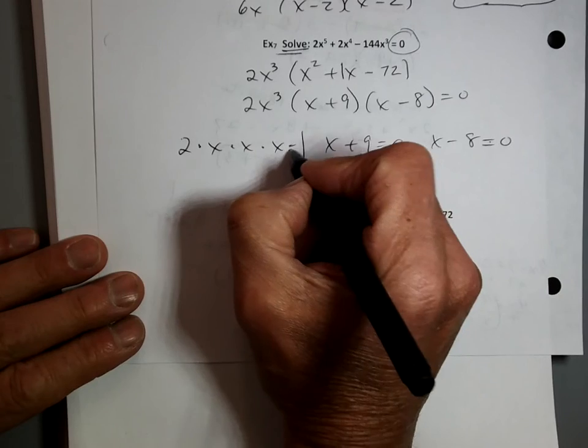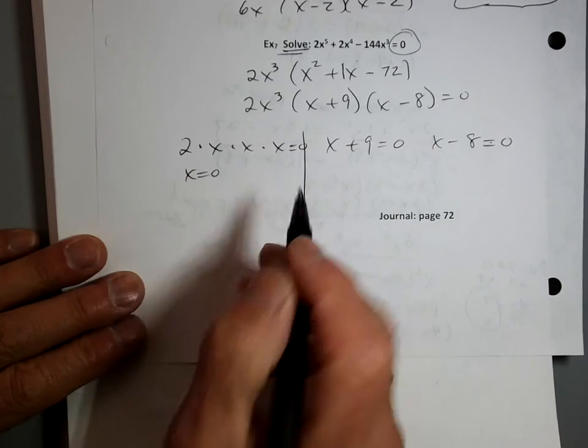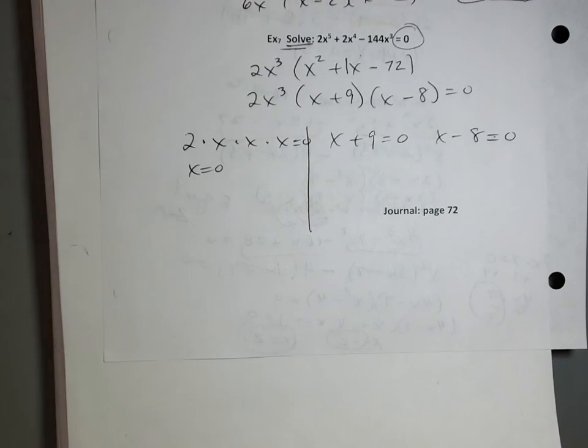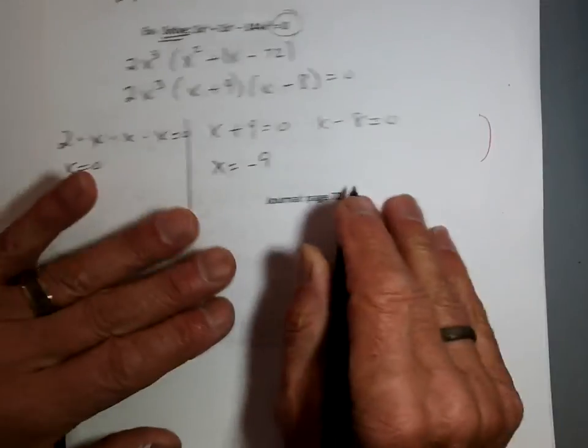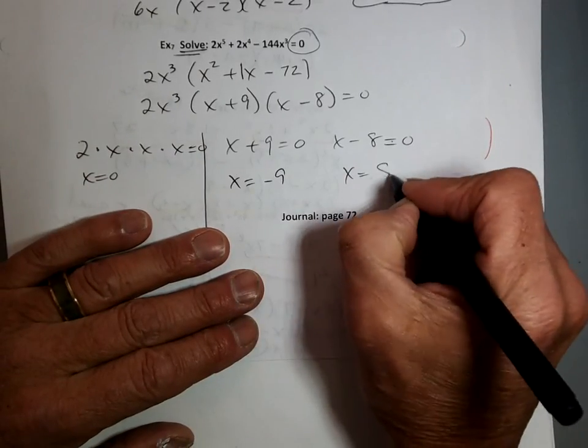So technically, x equals 0 here. Okay, done. But really, x equals 0, then we get another x equals 0, then another x equals 0. That's Algebra 2 stuff, but technically, you will get 3 zeros. Don't worry about it. 1 zero is enough, right? x equals 0, and then x equals negative 9 here, and then x equals 8, okay?